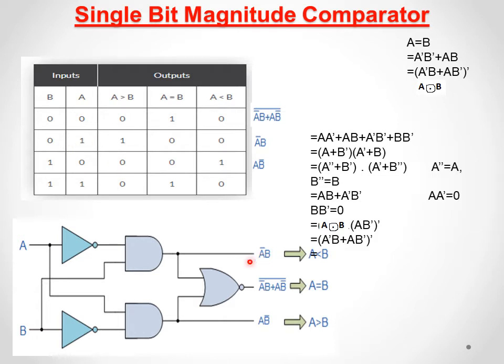So these are the outputs: A less than B is A bar B, A greater than B is A B bar, and A equal to B is A exclusive NOR B.